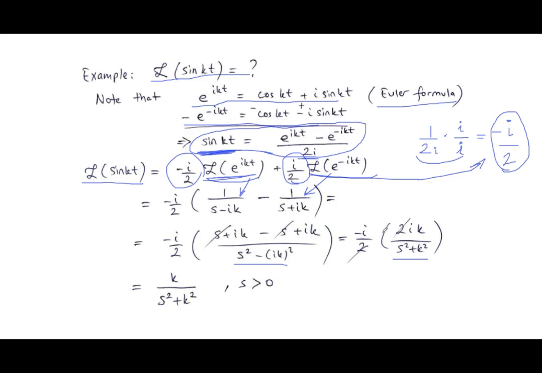And if we just simplify this, the constant 2 cancels out, and you have i squared, which is minus 1, so it cancels out with this minus sign, so eventually you get k over s squared plus k squared as the Laplace transform for the sine function.